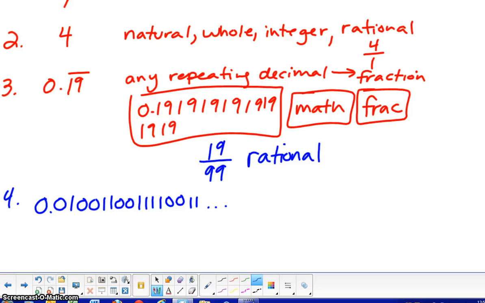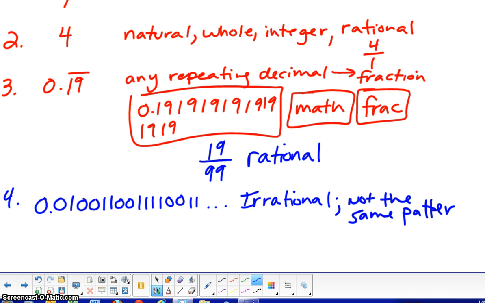In this case, there is not one, so we're going to call this irrational. If you're going to have anything repeating, the digits must continually repeat in the same pattern. So, not the same pattern. So you keep that in mind for those type of problems.